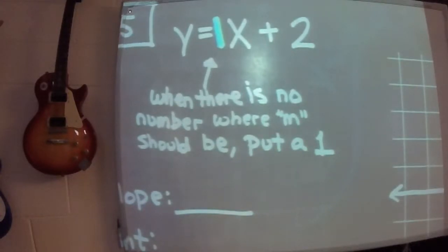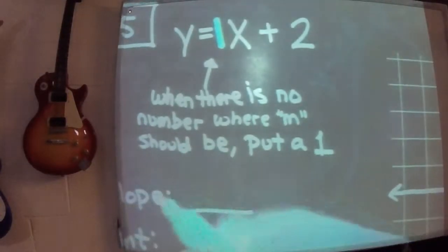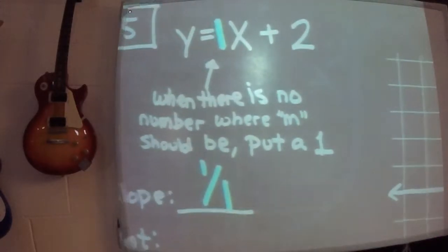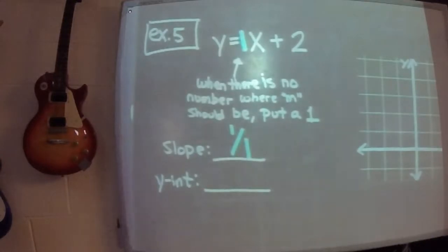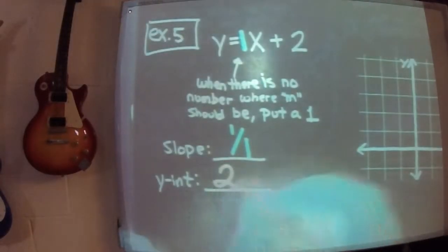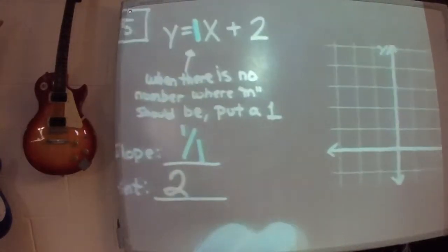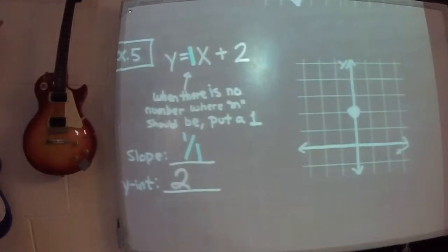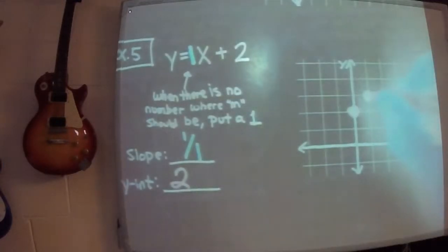What is my slope? 1 over 1. So my rise is 1 and my run is 1. What's my y-intercept? 2. So where should I start? Up 2. And if my slope is 1 over 1, I will go from this starting spot up 1 over 1. There we go.